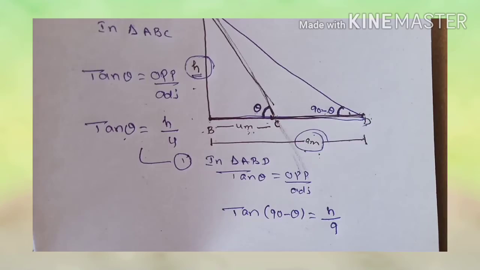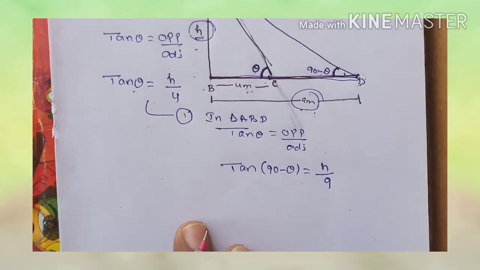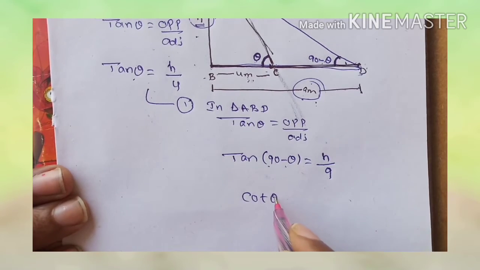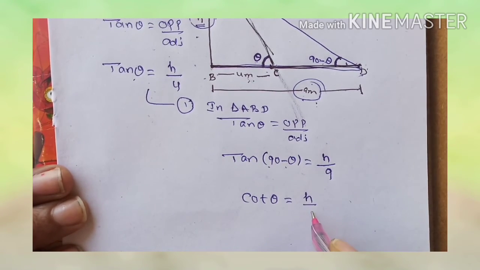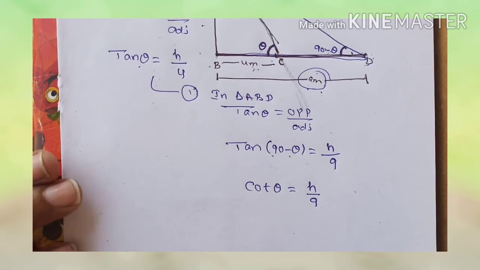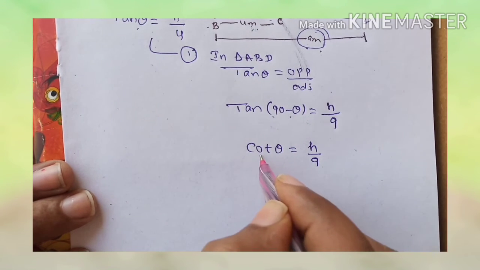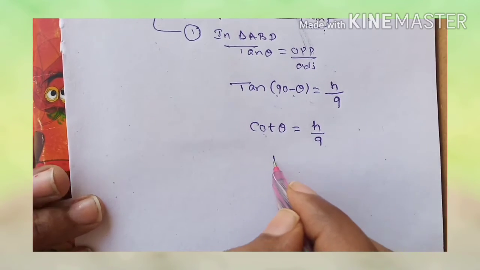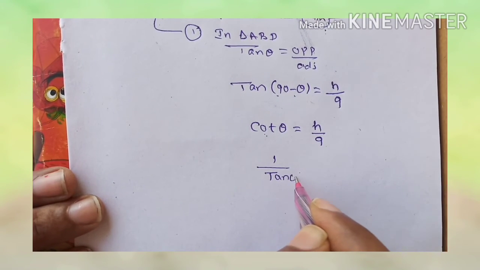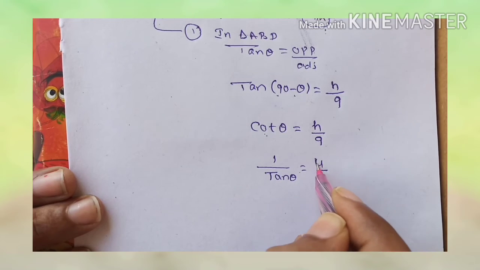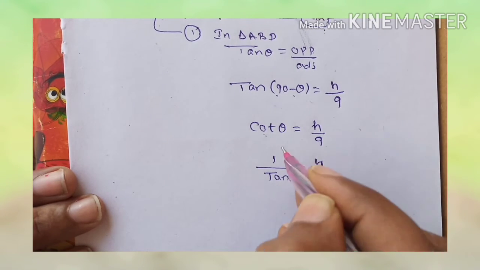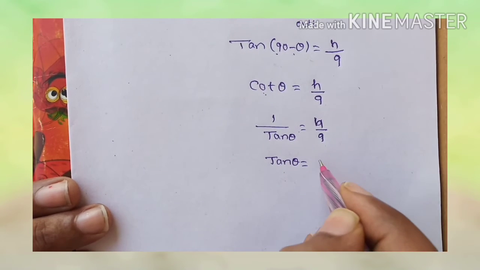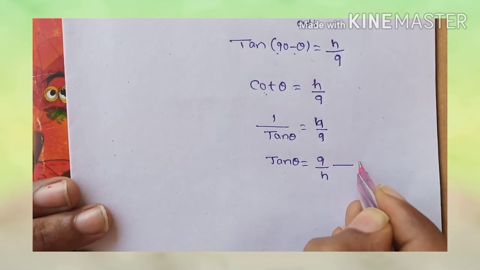Right? Now we can solve the problem here. Now tan 90 minus theta is equal to cot theta is equal to h by 9. Now cot theta, we know, is the reciprocal of tan theta. So cot theta we can write as 1 by tan theta is equal to h by 9. Now taking the reciprocal, tan theta is equal to 9 by h.